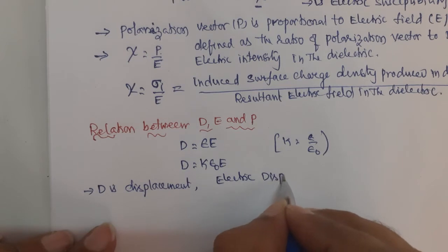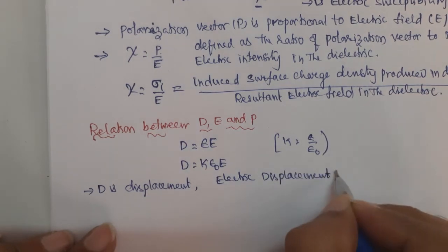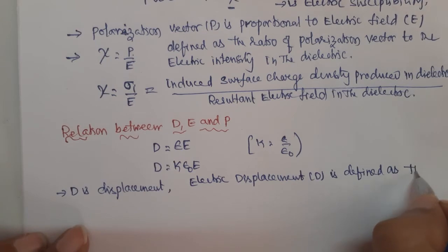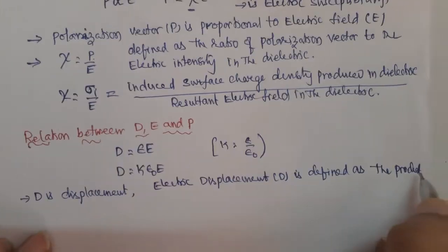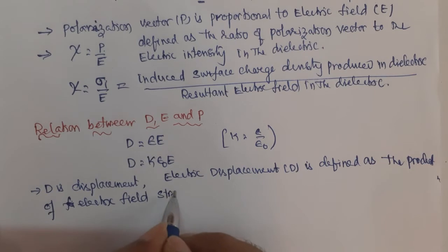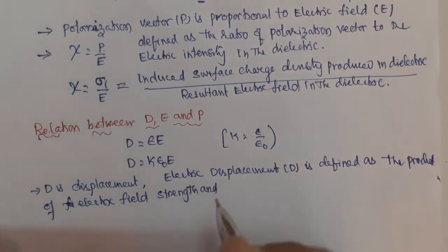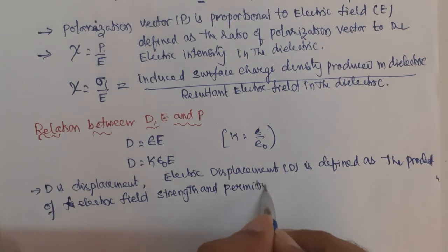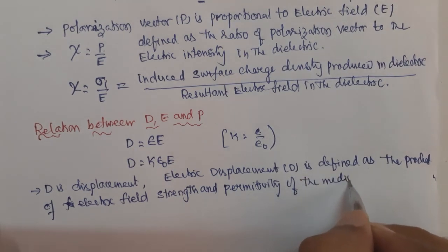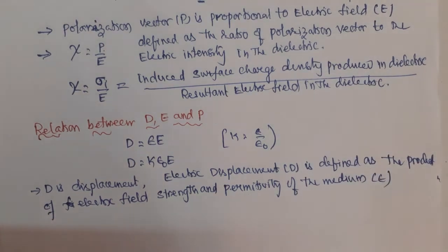Electric displacement is defined as the product of the electric field strength and the permittivity of the medium.